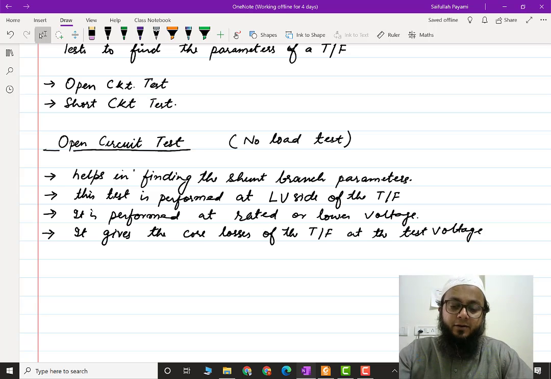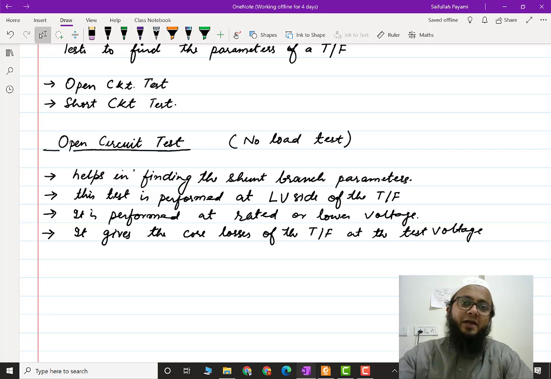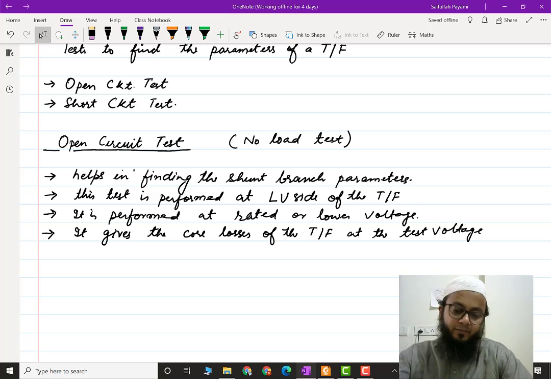If the transformer has been designed for, let's say, 440 volt by 11 kV, and I perform this test at the LV side, that is 440 volt, then I would get the core losses for that particular voltage. So it gives the core losses of the transformer at the test voltage, either the rated or the lower voltage, at whatever voltage we have performed the test.